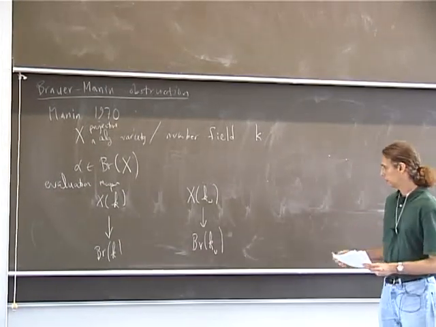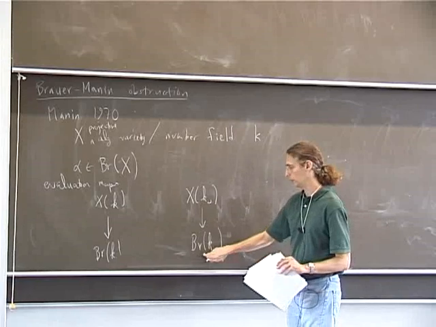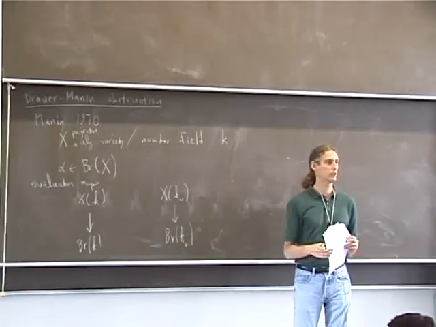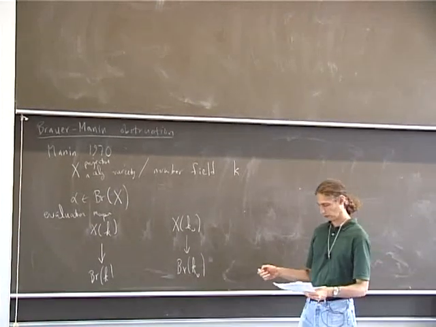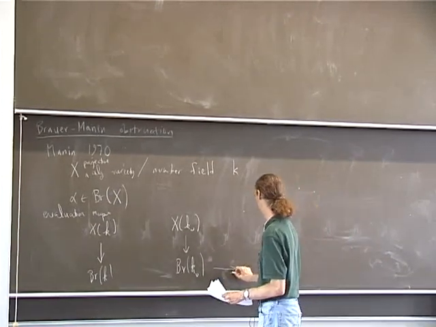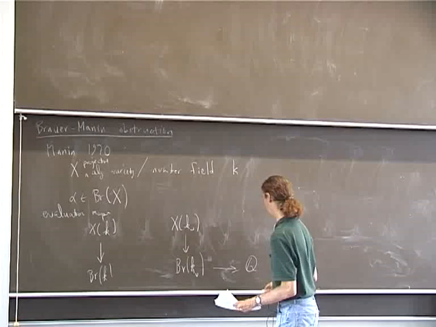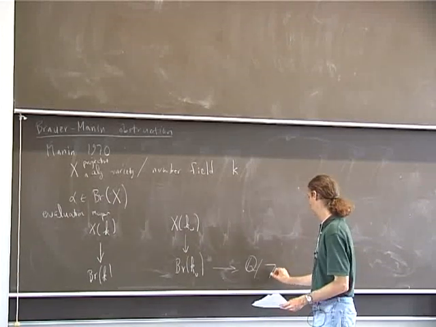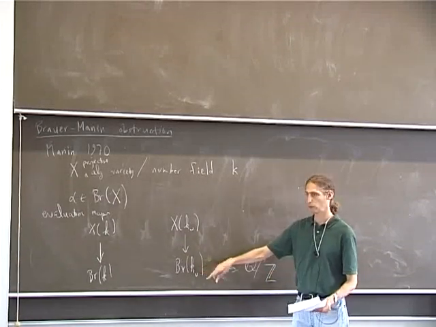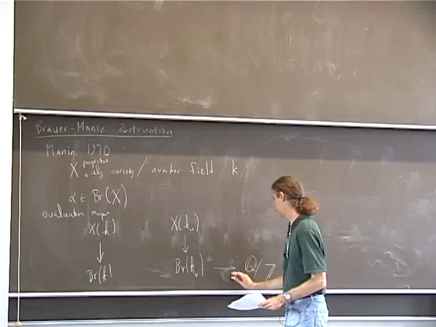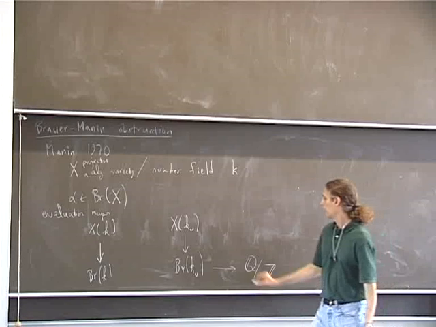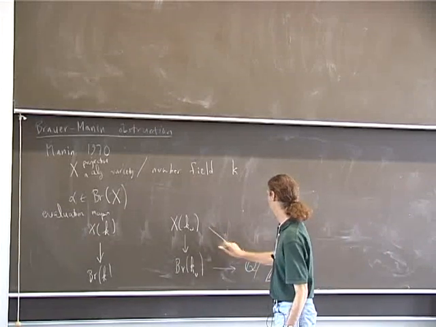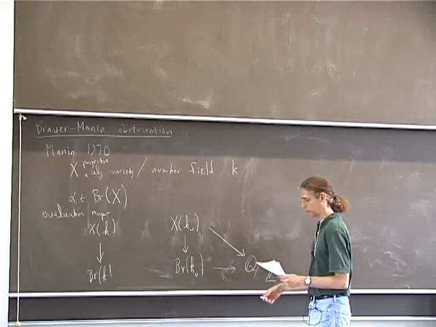Now we know that the Brauer group of the completion at a non-Archimedean place is canonically isomorphic to Q mod Z, and at Archimedean places it injects. It's either order 2 or order 1, so it has a canonical inclusion map in here. And so we call this composite the local invariant.